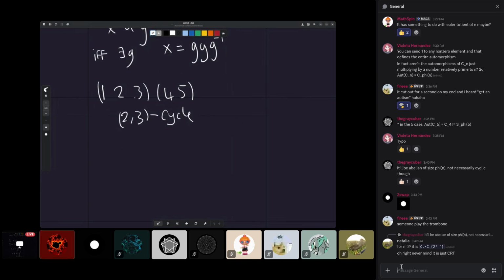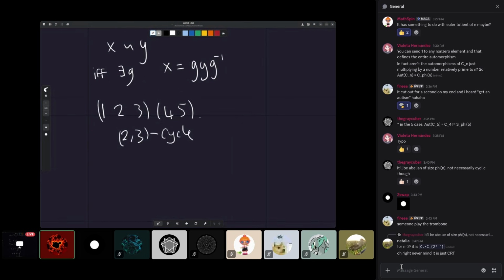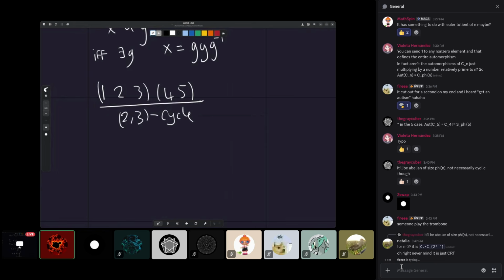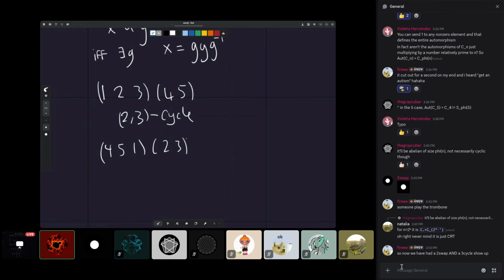And the conjugacy class that this thing belongs to is all the permutations of this cycle shape. So 4, 5, 1, 2, 3 will be in the conjugacy class, and so on. And now we have a 2 and a 3 cycle. Exactly, it's good stuff, isn't it? Best talk ever.